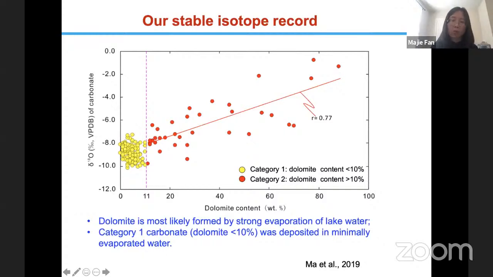When the lake water experienced evaporation, the delta O18 value increased. So we're going to mostly look into this category 1 carbonate that has less than 10% dolomite. We think this group of carbonate was minimally influenced by evaporation of the lake water, so that can potentially give us the climate signal of the monsoon.